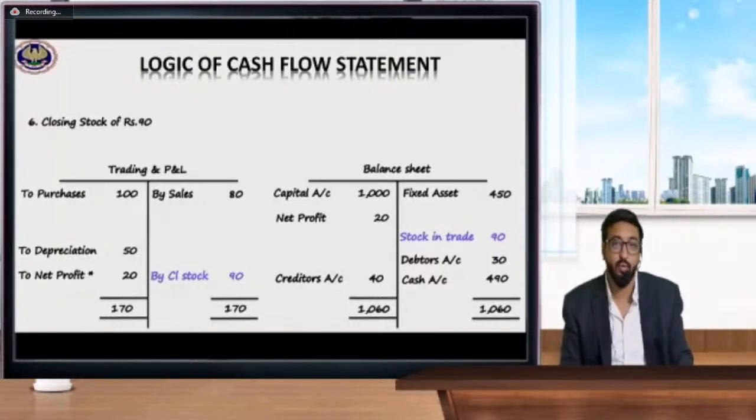You can give heading logic of cash flow statement. It's very simple till now. Till now, any difficulty? Simple 11-12 standard. I need your 15 to 20 minutes extra for concept clarity of cash flow statement.